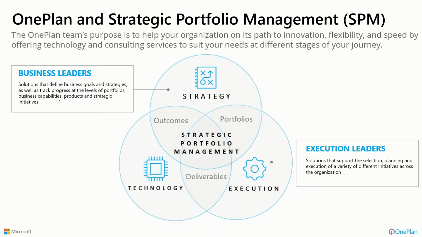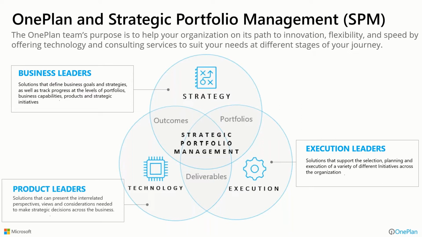There's the execution leaders, the ones that actually have to deliver on the initiatives and the epics and the features and actually get that product out the door. And then there's the technology aspects, the product leaders that have to focus on what underlying fundamental technological pieces may be required, or other aspects that have to be considered that might have to be adjusted in order to deliver the things we want to deliver.